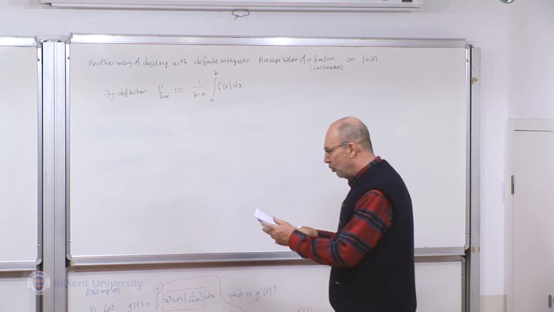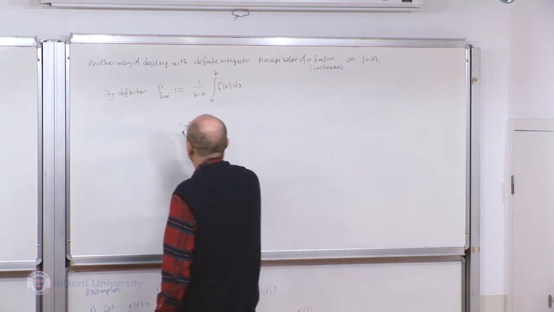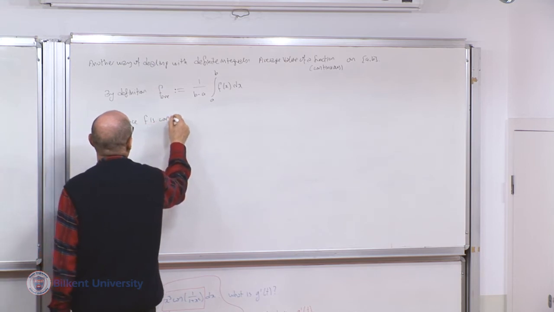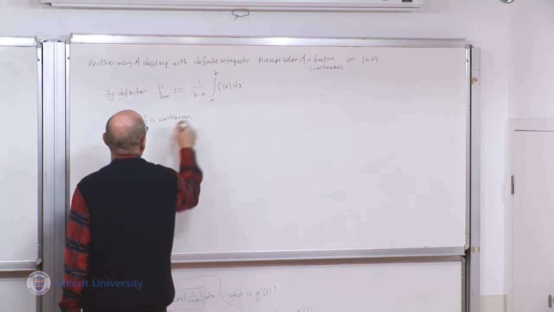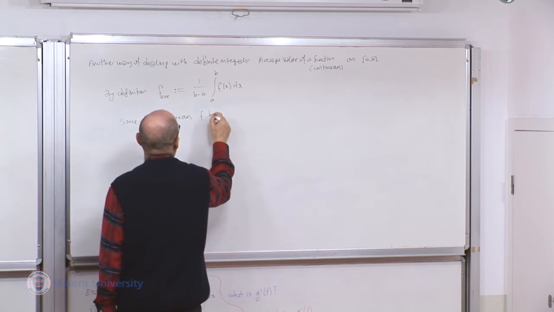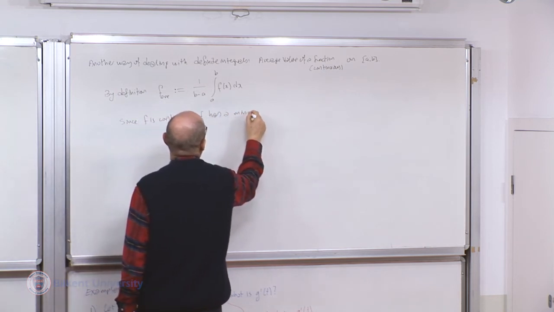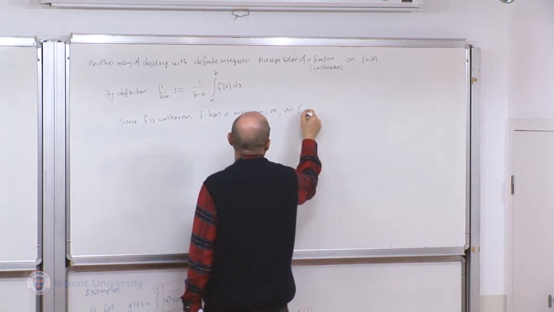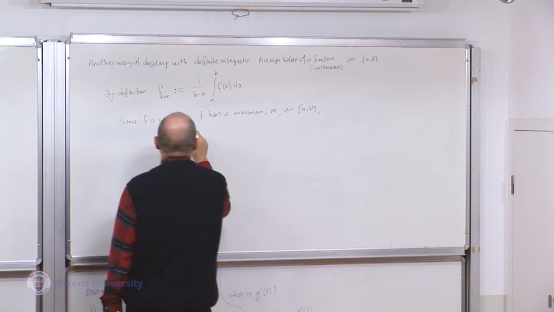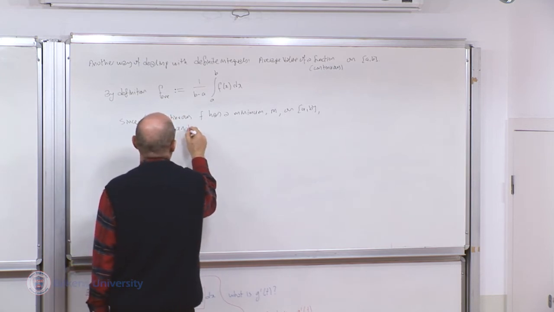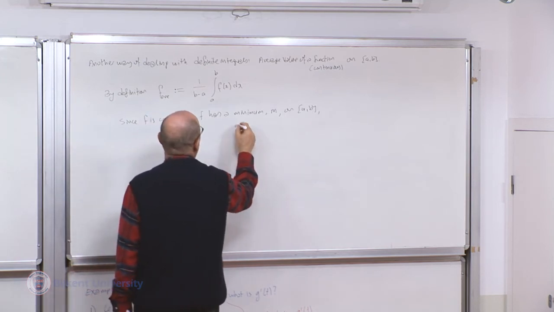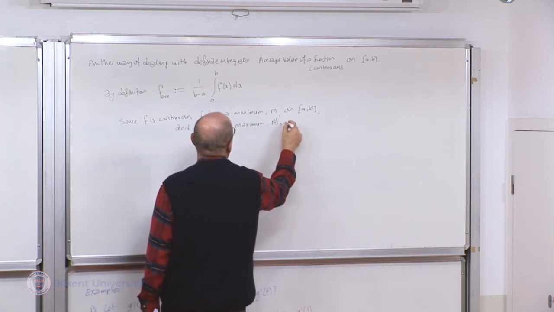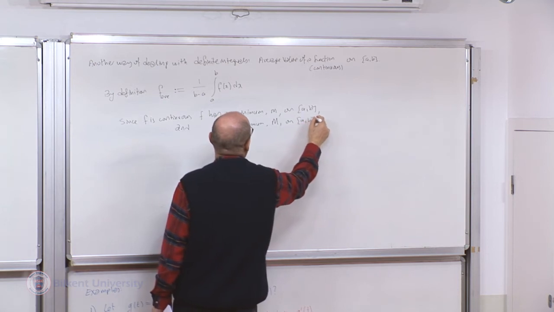Now, since f is continuous, f has a minimum, say m, on [a, b], and a maximum, say big M, on [a, b].